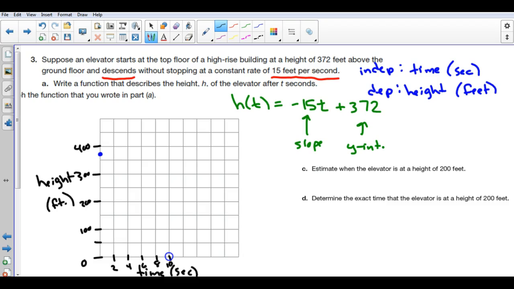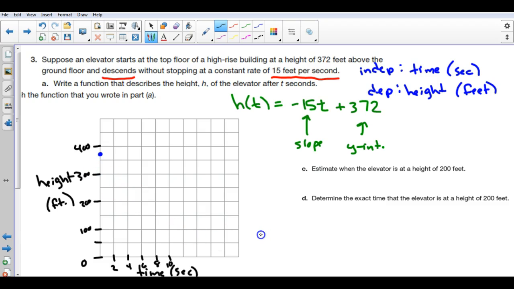And what I'm going to do is figure out another point here. In order to figure out another point on my line, I'm going to evaluate my function. So let's figure out how far the elevator would be after 10 seconds. That's going to give me another point, and then once I have 2 points, I can connect my dots.